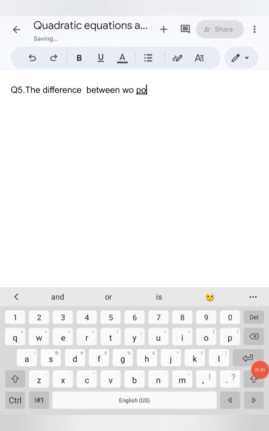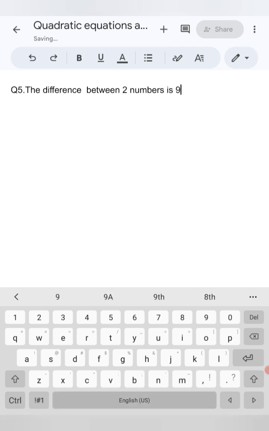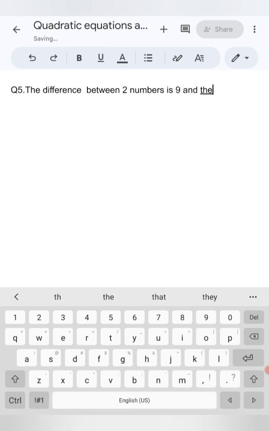The difference between two numbers is 9 and the product of the numbers is 162. Find the two numbers.